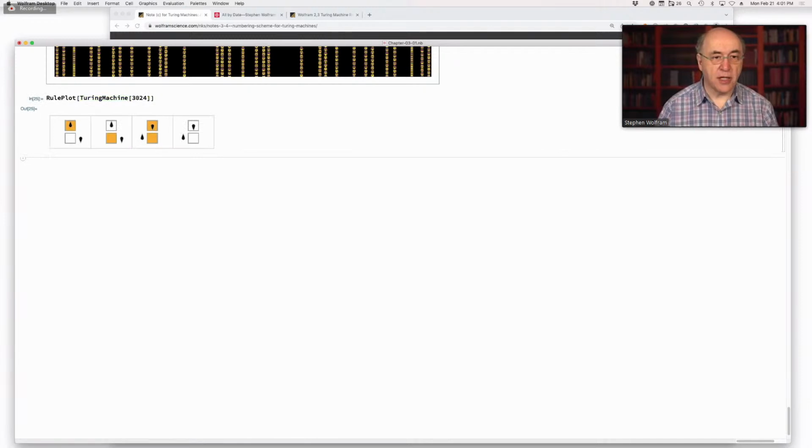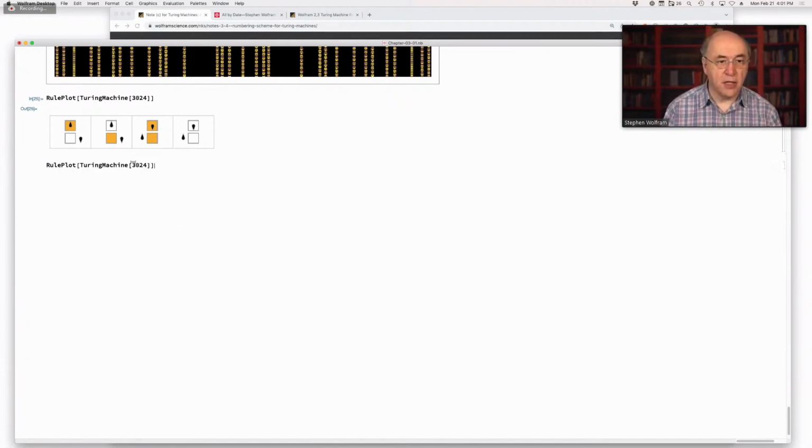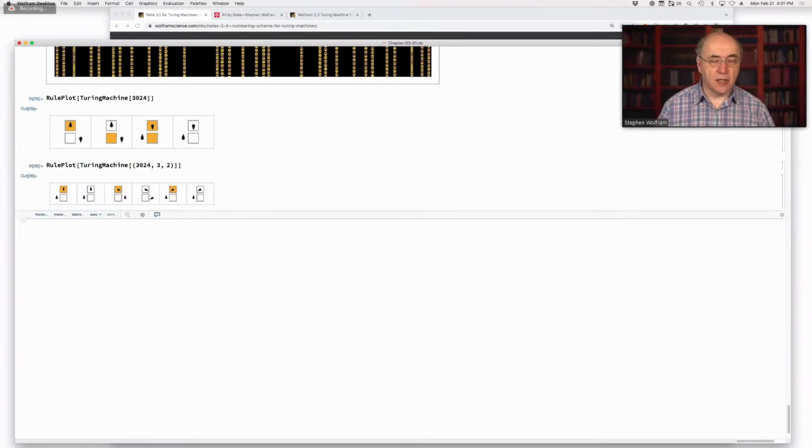See what that looks like. Okay, I bet that's showing a two-state Turing machine. I bet the actual case here is a three-state Turing machine. I bet we do that with a 3,2 there. There we go. Okay, so those are the rules for our Turing machine.